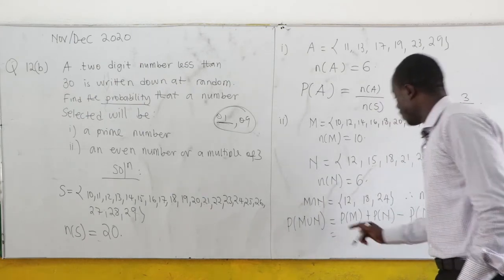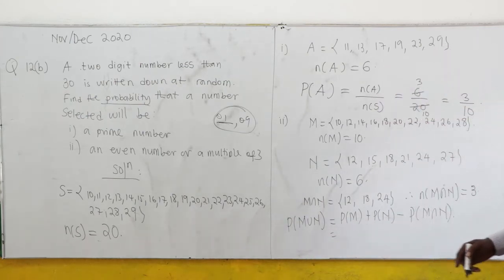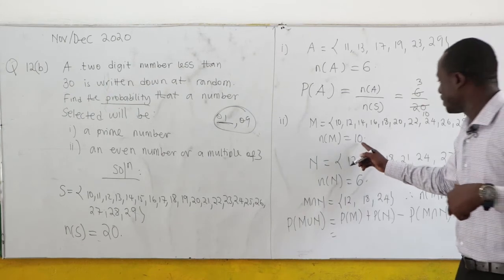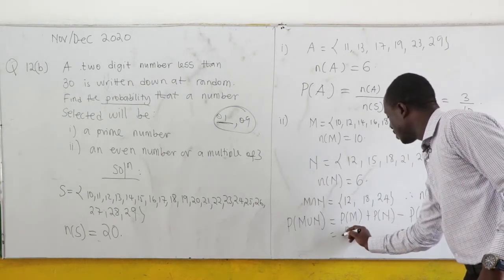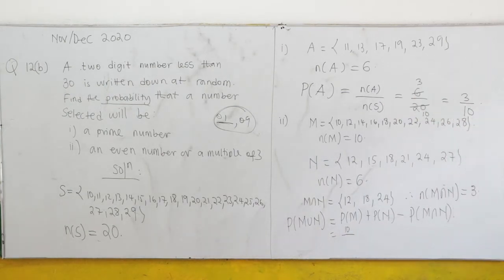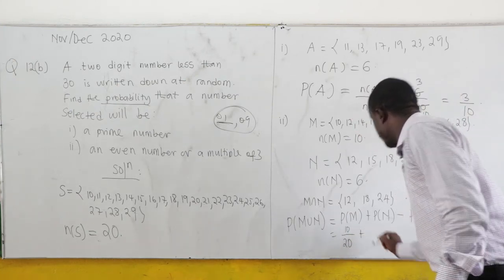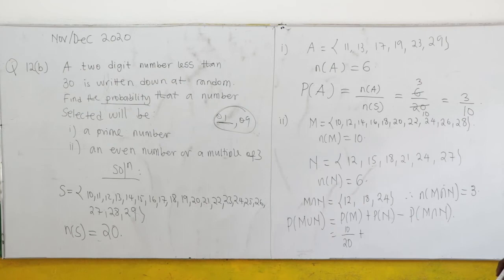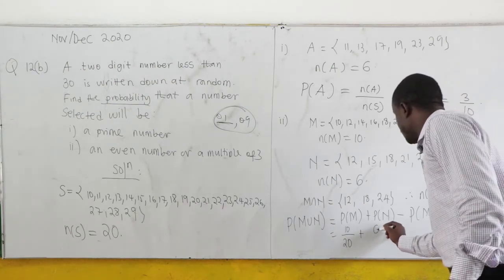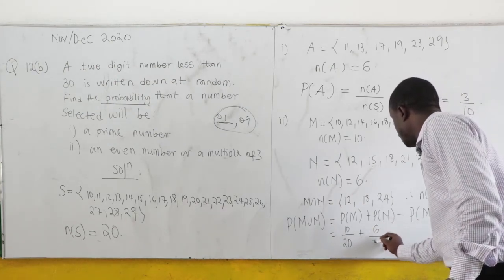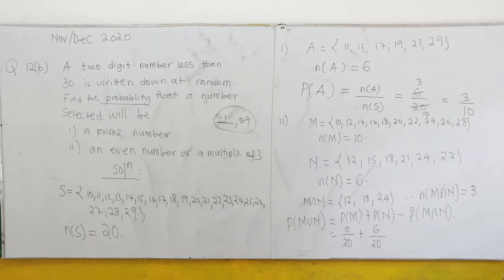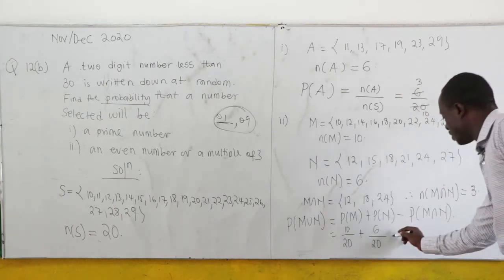Now, what is P of M? Number of events over number of sample space. So what do you have? That is 10 all over the sample space, which is 20. Plus, now what is P of N? P of N is giving us 6 all over 20. Number of events, 6. Number of sample space, that's 20.